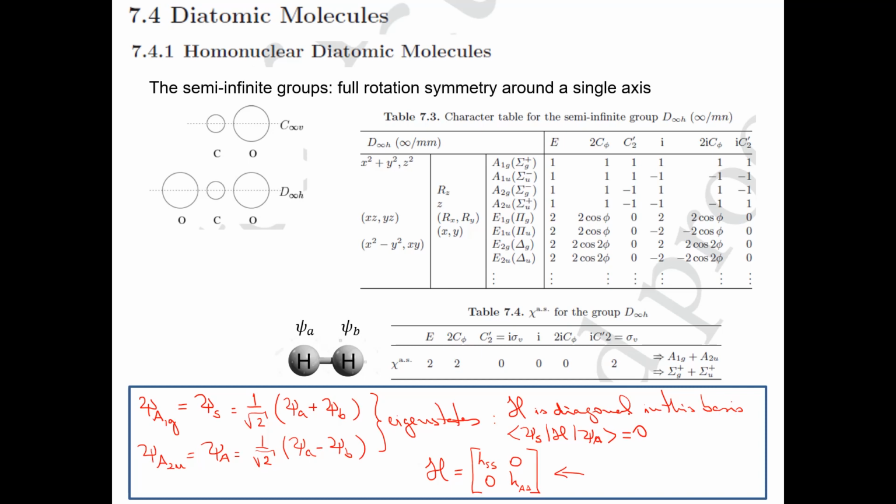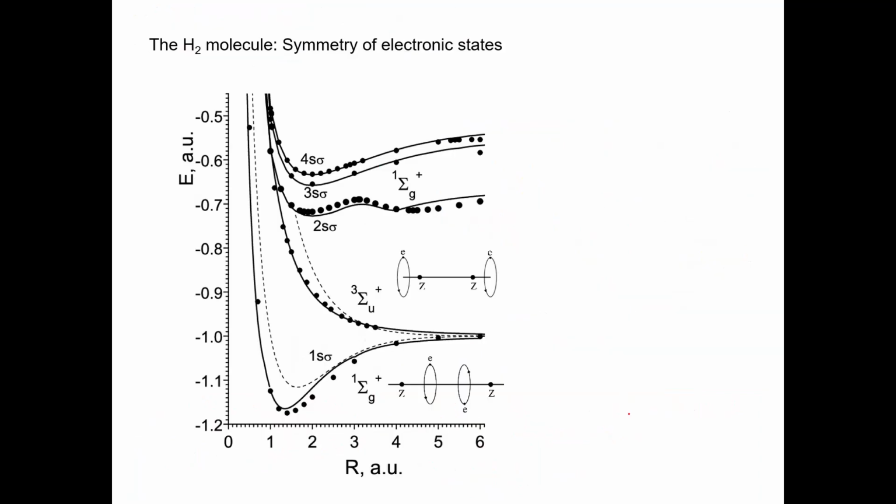But before that, I just want to show you a graph from a paper or a book, I don't know, in which I have here the energies of the electronic states of the hydrogen molecule. So this is the H2 molecule, and the energy of different electronic states as a function of the intermolecular distance.